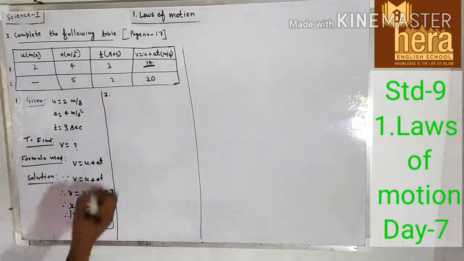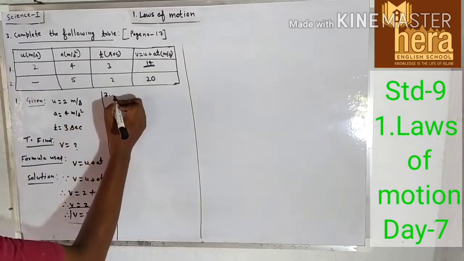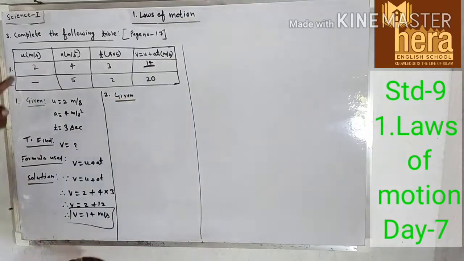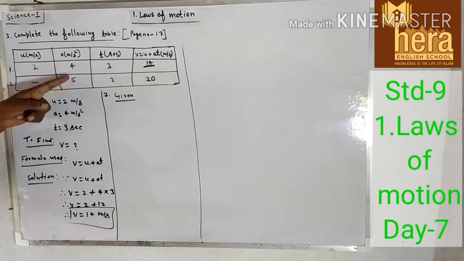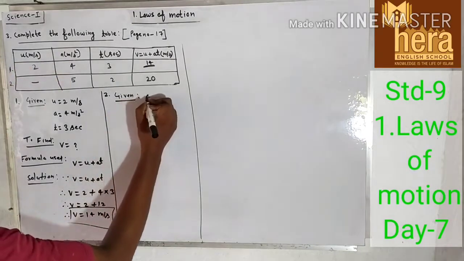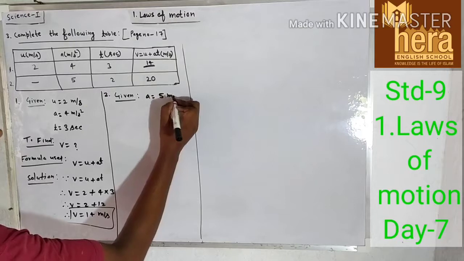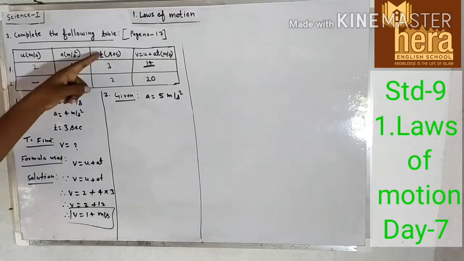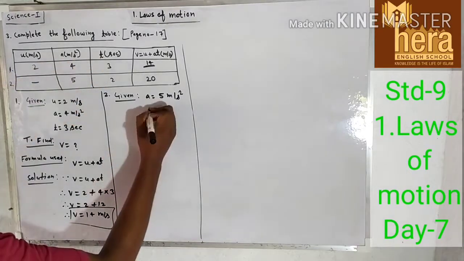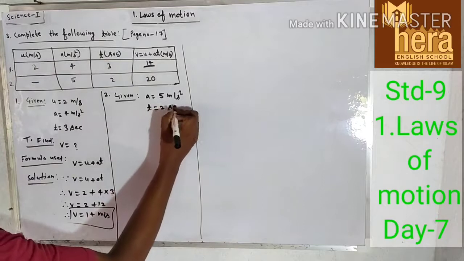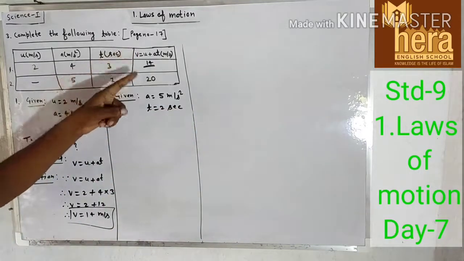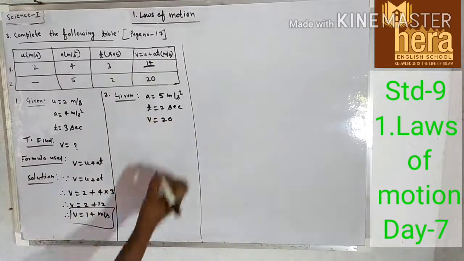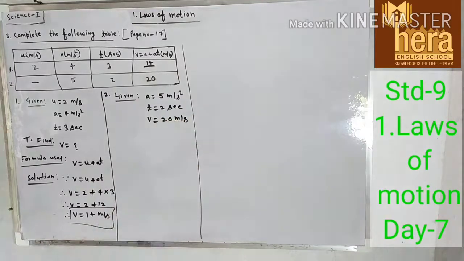Again, given here A is equal to 5 meter per second square. T is equal to 2 seconds, right? V is equal to 20. 20 what? 20 meter per second.